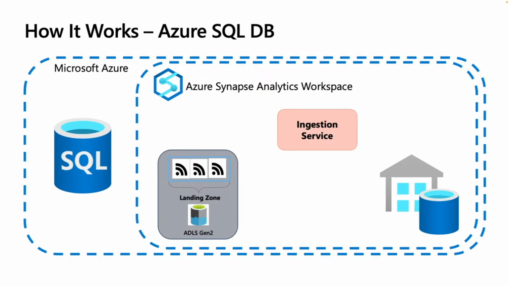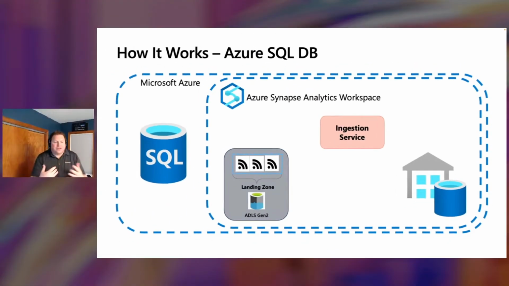And then we are also running an ingestion service, which is the link behind the scenes. That ingestion service does the movement of data into the dedicated SQL pool that is part of your Azure Synapse Analytics workspace. So the general flow here is your data in SQL Server gets output into the landing zone.